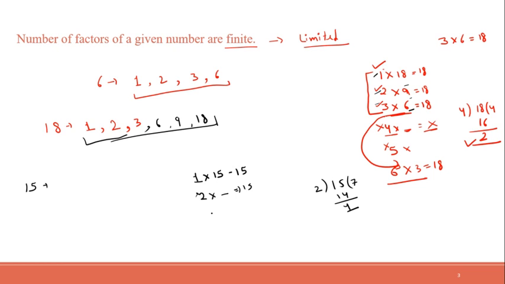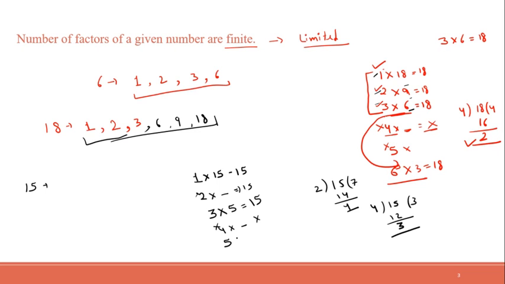So 2 is not a factor. Then 3. 3 into 5 is 15. Then 4. 4 is not a factor of 15. Why? Because 4 into 3 is 12, and here 3 is the remainder. So 4 is not a factor of 15.